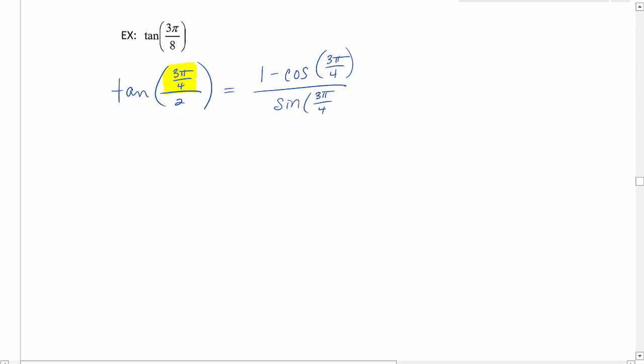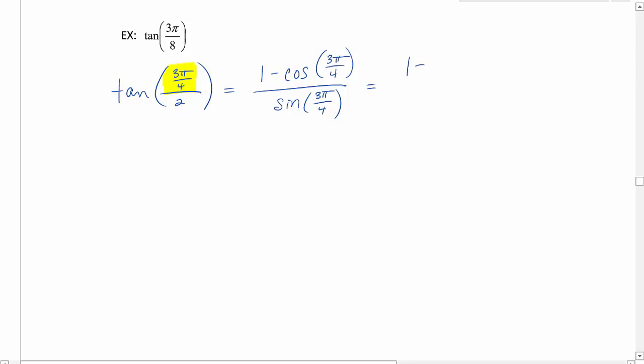Since this formula doesn't have a plus or minus, we don't have to worry about deciding what the sign of tangent is in that quadrant and determining the plus or minus from there. We should get a positive answer because 3 pi over 8 is in quadrant 1 and tangent's positive in quadrant 1. Let's plug in and simplify.